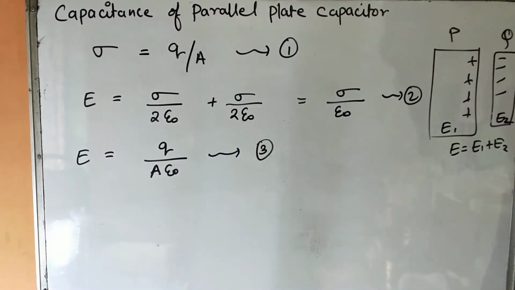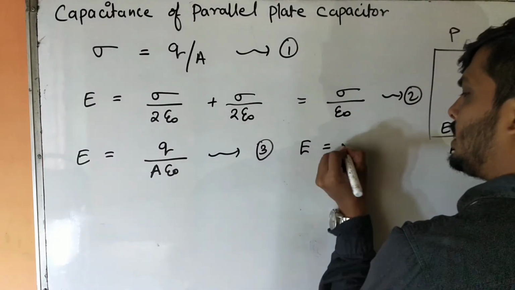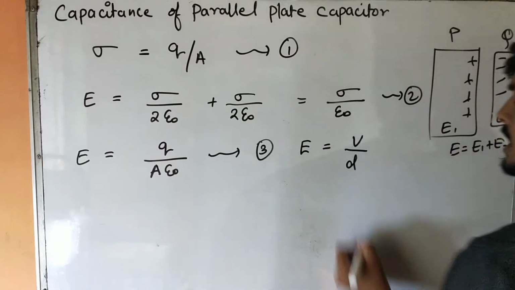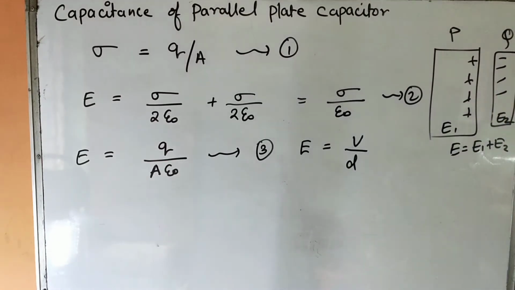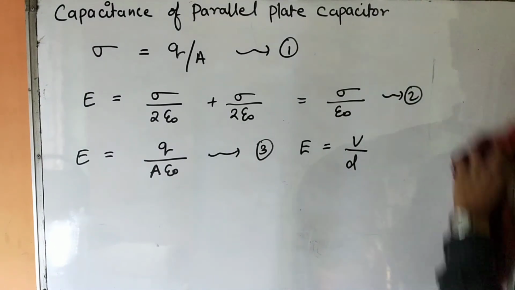Clear? Now we know how this electric field intensity E is related to the potential: E equals V by D, or in some textbooks you will find it written as E equals V by L. Now students, I'll erase this for an instant.